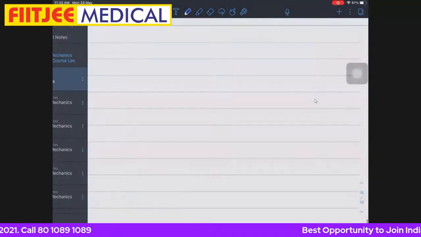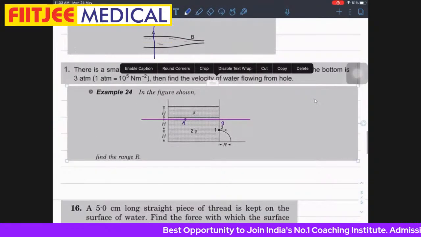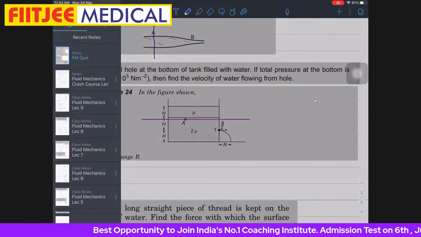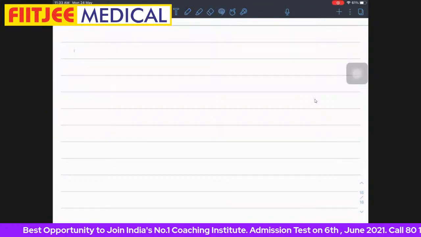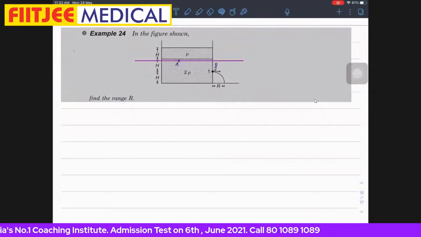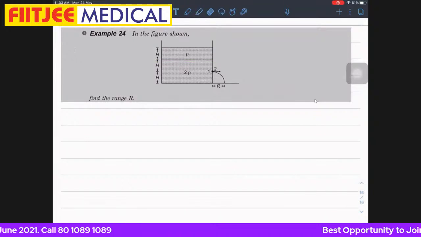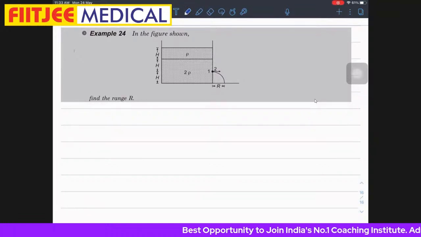Let's take one more example. We are given this, they're asking, in the figure shown, find the range R. So I'll take a reference line.